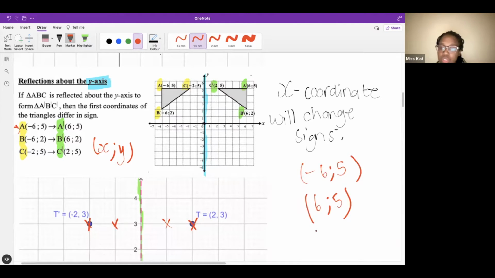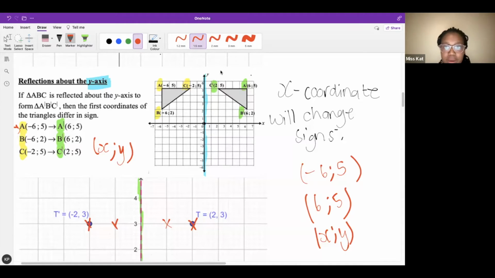Which one changed? Look carefully. Oh, the X one. So when I say signs, Elijah, I mean these in front. Do you see that it was negative? Yes. But it became positive. And only one of them changed. Do you see that the 5 didn't change? Only one of them. There we go. Did I answer your question? Yes. Beautiful.